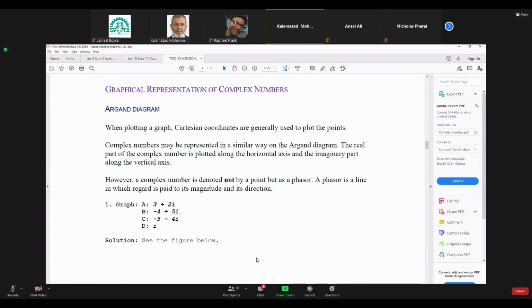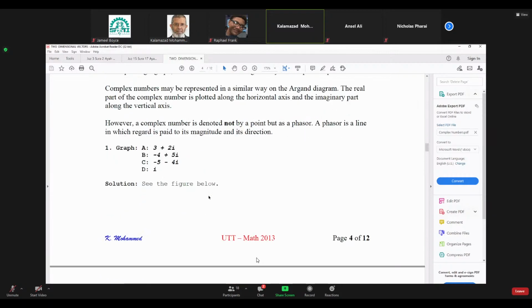However, a complex number is not denoted by a point, but as a phasor. Not a phaser, which is what is used in Star Trek. A phasor is a line in which regard is paid to its magnitude and direction.